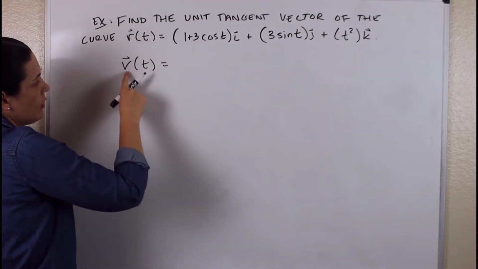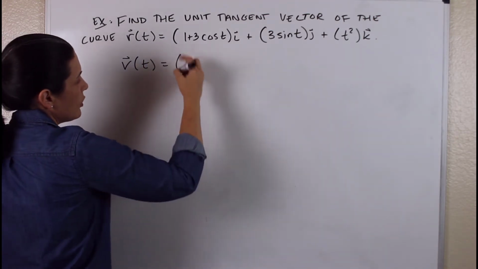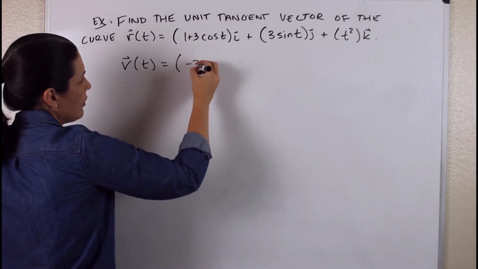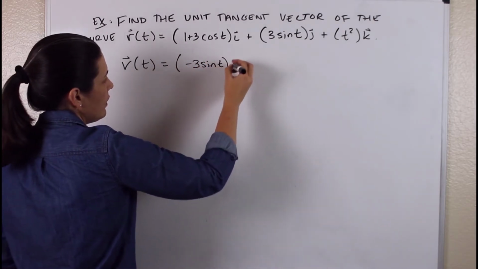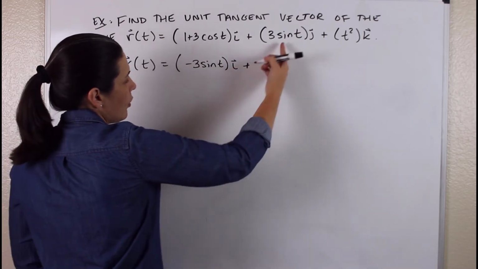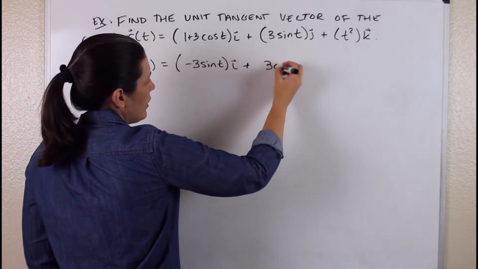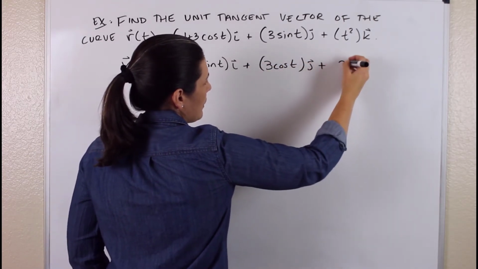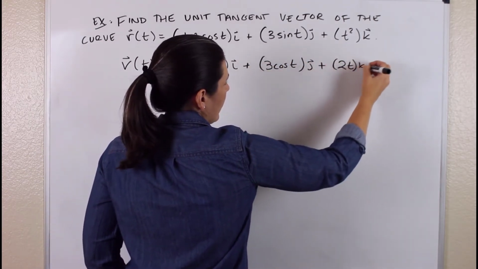So derivative of r is v. And so just differentiate the components. This is going to be -3 sine t i, 3 cosine t j, and in the back, that's going to be 2t k.